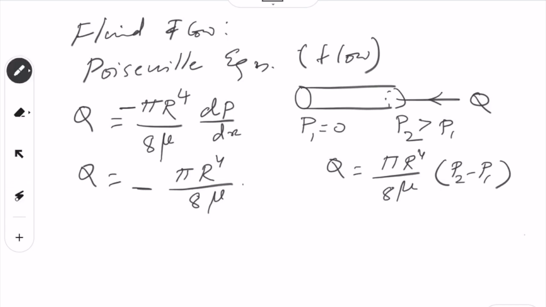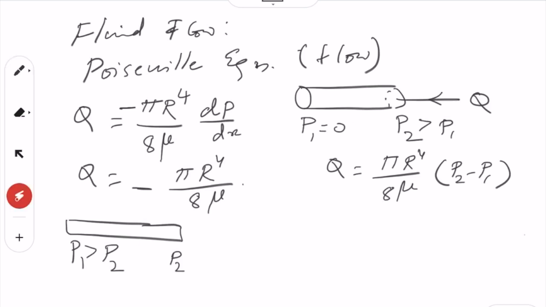Now similarly you can derive this the other way, if P1 is greater than P2, and let's say P2 equal to 0. Not necessarily do you have to make P2 equal to 0, but just to make you understand, I am doing all this. So if we have P1 greater than P2 here, then Q will be entering like this. Since we are writing at point 2, we write Q2 equal to like this.